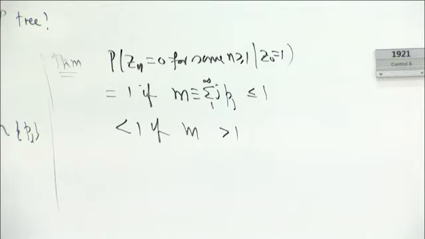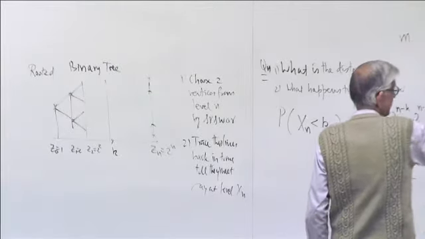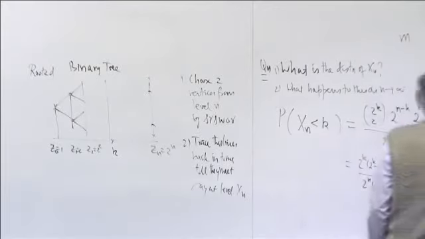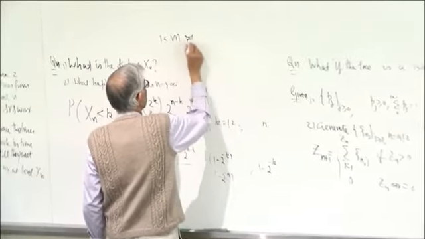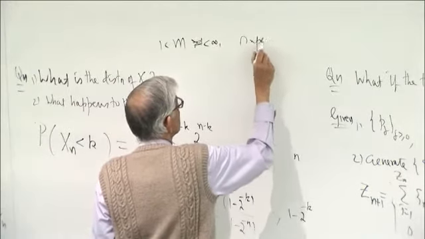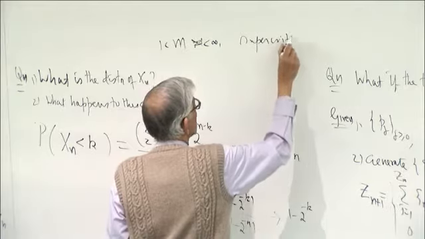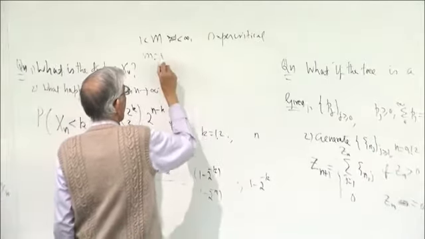So there are many more results, and here is the classification. m is the mean, that quantity there. m greater than 1, that is 1 less than m less than infinity, is called supercritical. m equal to 1 is called critical.